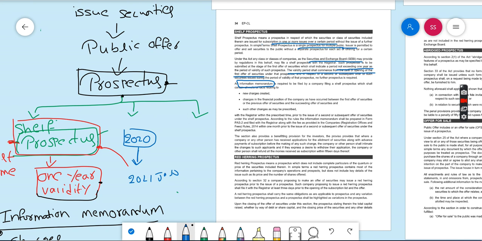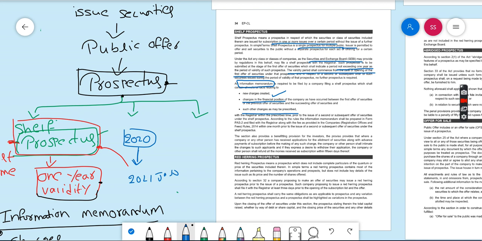In this information memorandum, if there are any charges created during the year, that should be mentioned. Also if there is any change in the financial position, or any other changes as may be prescribed, that should be mentioned. So the information memorandum should be issued along with the shelf prospectus, right?